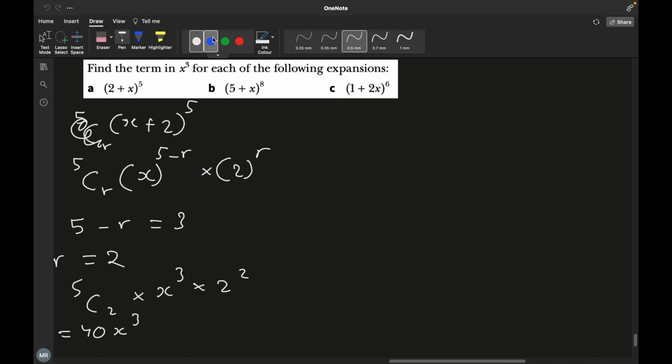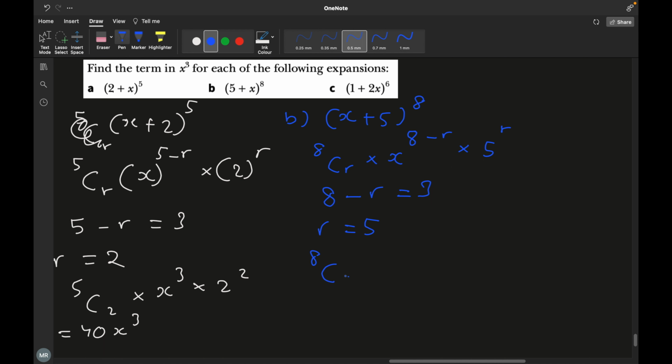And now let's do the same thing for part B. Let's rewrite this again. So this is going to be x plus 5 to the power of 8. So it's going to be 8cr multiplied by x to the power of 8 minus r into 5 to the power of r. So we know that the power of x is 3. So we have to set it to 3. So 8 minus r is 3. And r will be 5.